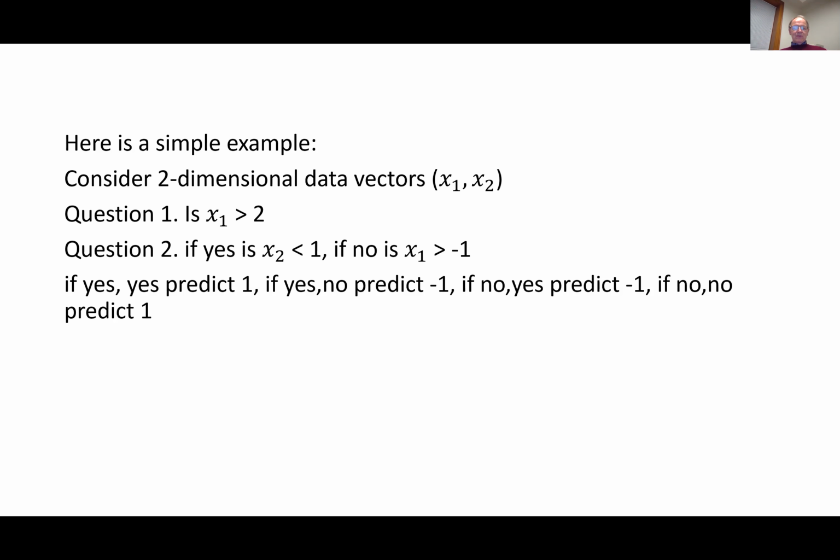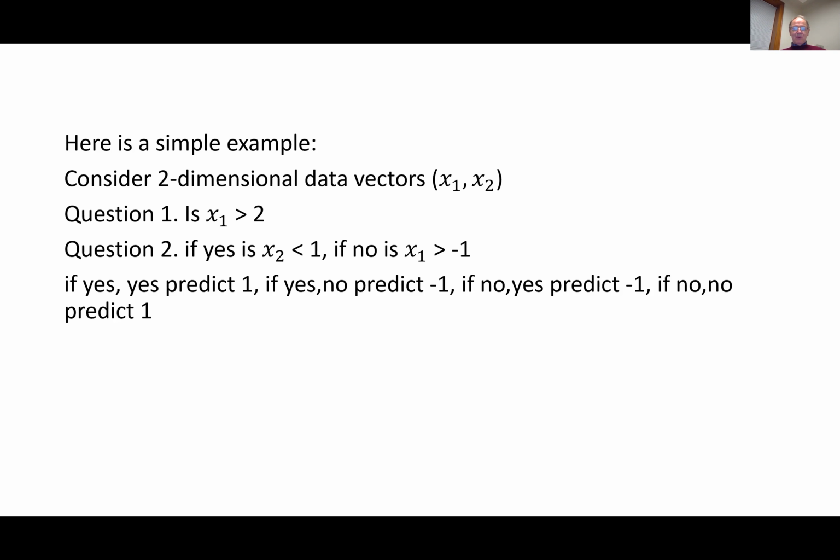If we decide it's bigger than 2, then we can ask the next question: is x2, the second coordinate, less than 1? And if no, then we can ask the next question, is x1 bigger than -1? And that way we make a tree.